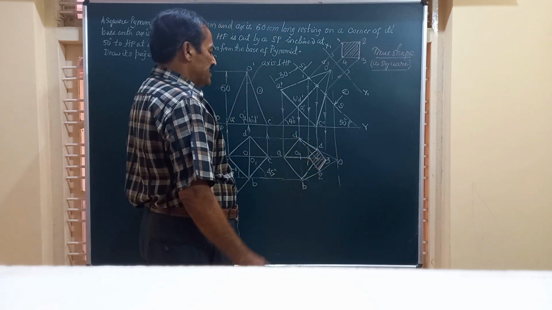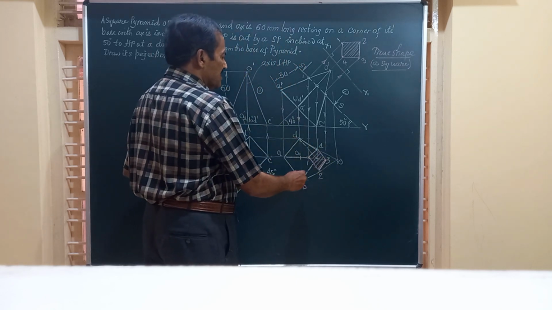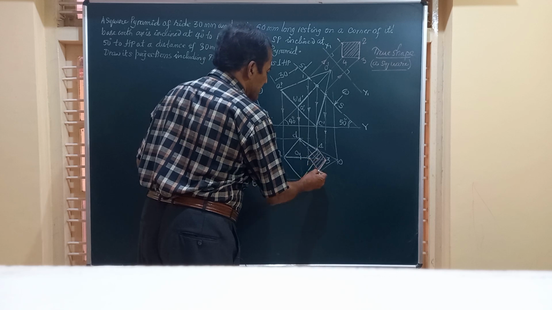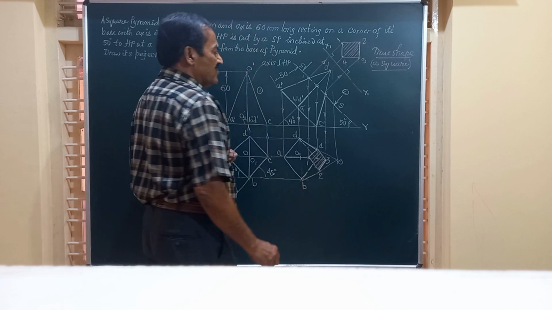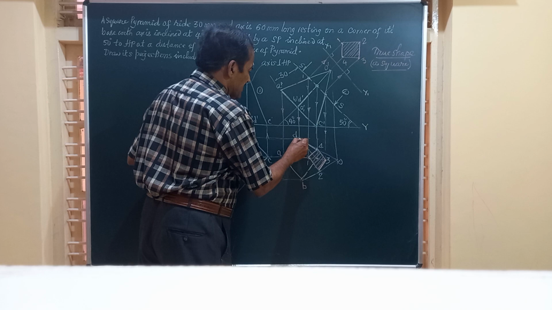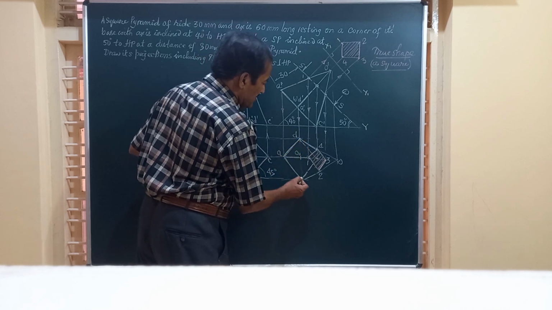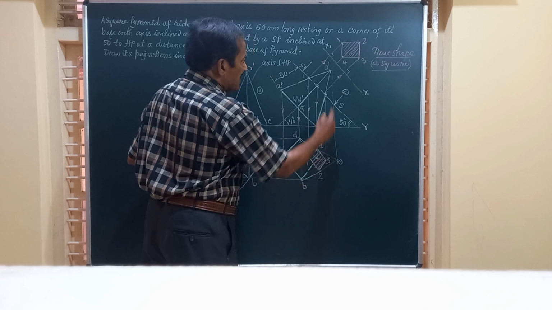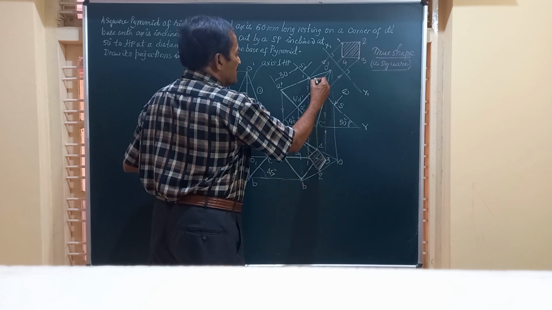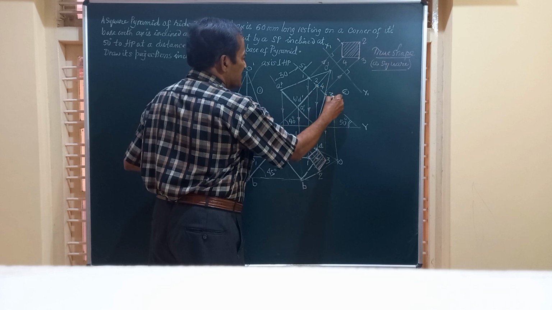All the four slant edges are cut here, and we have finally the 4 points joined by straight lines, and I am going to section it by lines drawn at an angle of 45 degrees to the horizontal. After this, friends, let us see what portion is left over. So this edge is visible, this is visible, whereas from O to this 1, 2, 3, 4, this is 2, 4 and this point is 3.